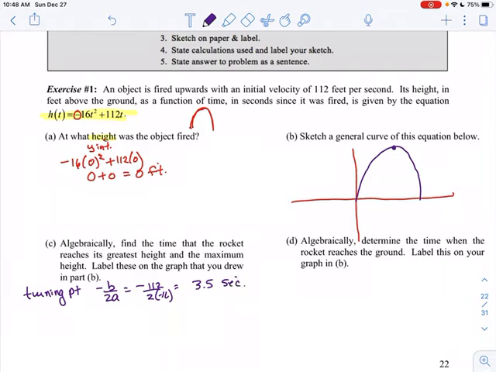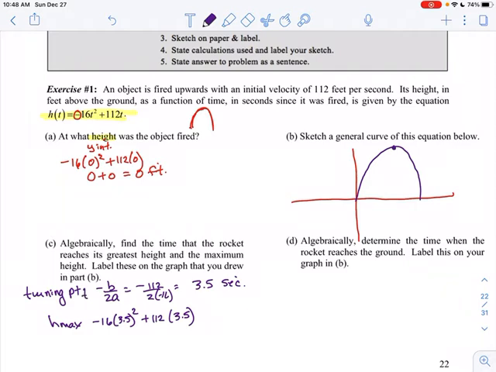And then I want to find the max. So I'm going to plug 3.5 into my equation to find my y: negative 16 times 3.5 squared plus 112 times 3.5. This again is to find my h max point.